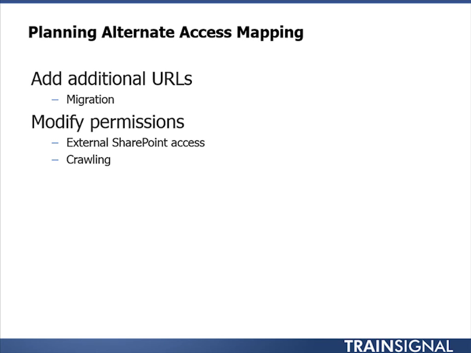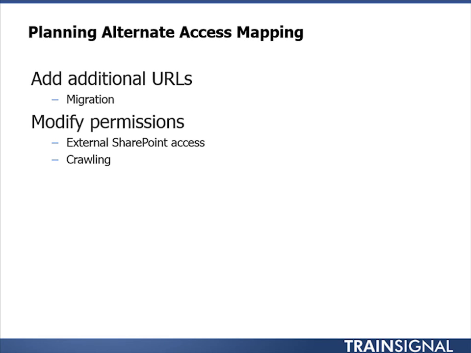Now, the first main reason that I might want to add in additional URLs is if I happen to be migrating from 2007 into 2010, and the names are going to wind up changing. Maybe I'm just needing to restructure things, so I'm having to change the names because of that.